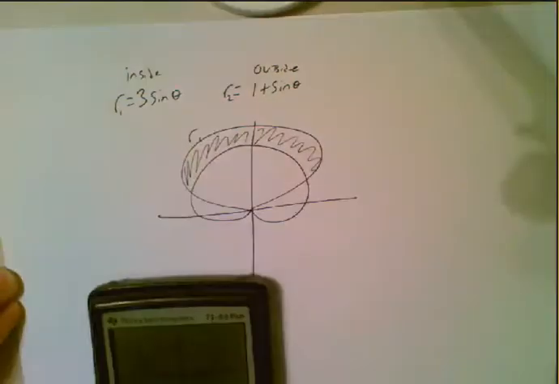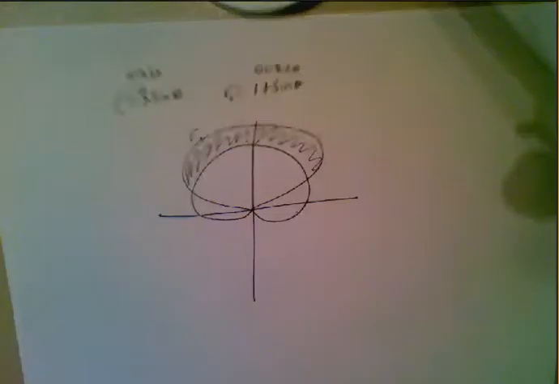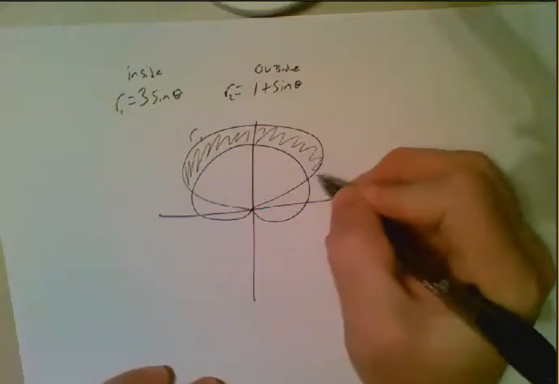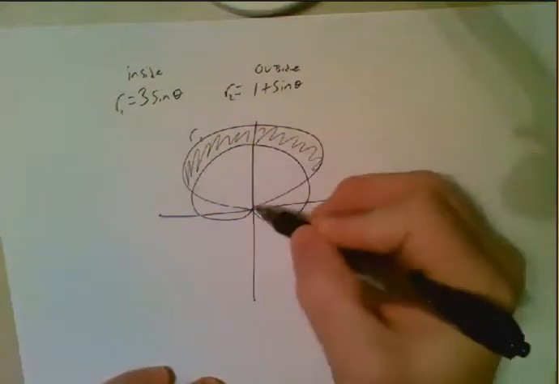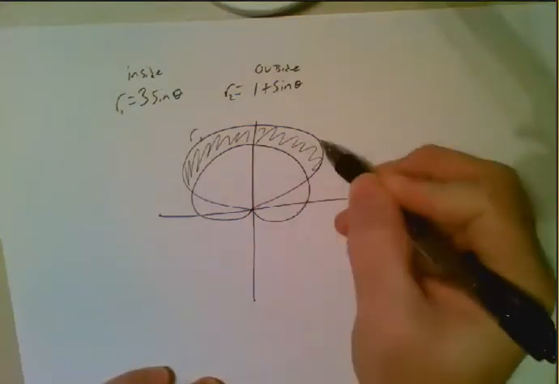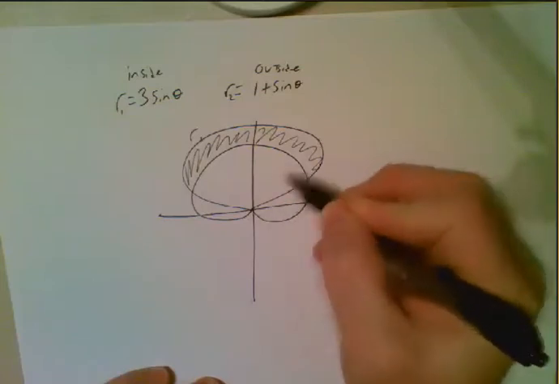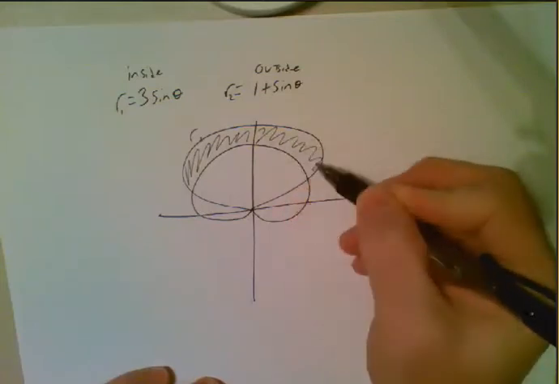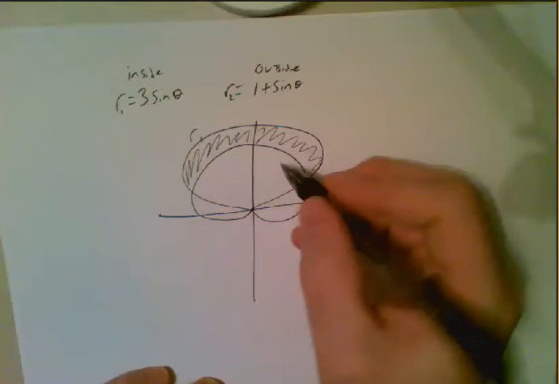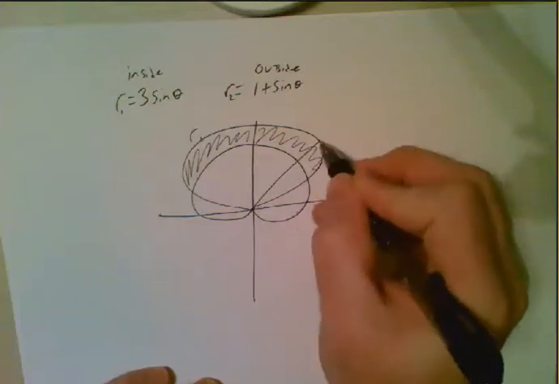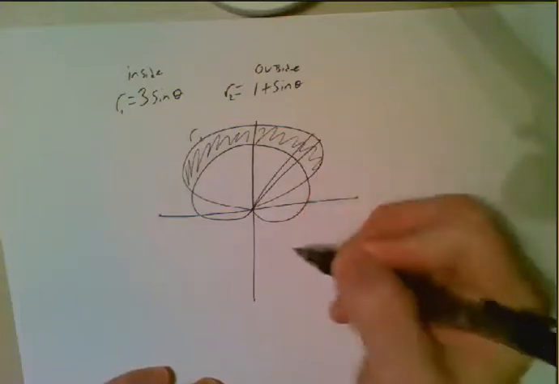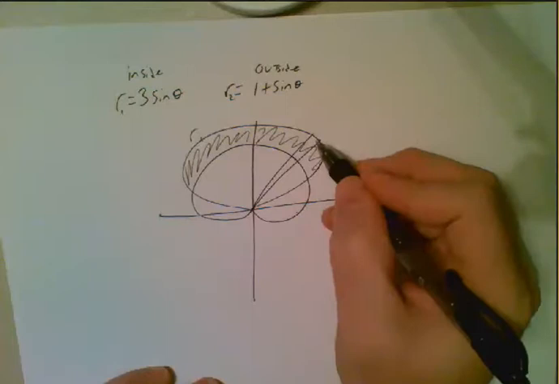First of all, we know the formula. We're going to do the area under the outside curve and then subtract the area under the inside curve, and what's left over will be my area. Here's a sample sector of the whole circle.